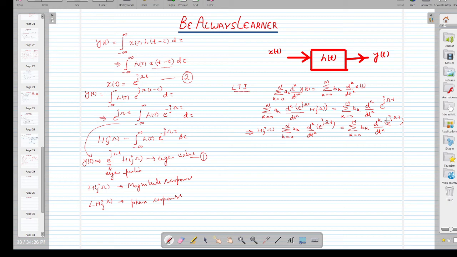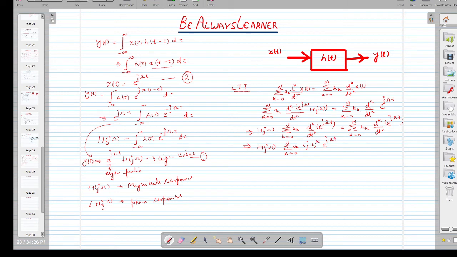Now in the next step, H(j omega), we can take the derivative: summation k equal to 0 to capital N a_k, the kth derivative of this is (j omega) raised to the power k, and here we can write e raised to the power j omega t.